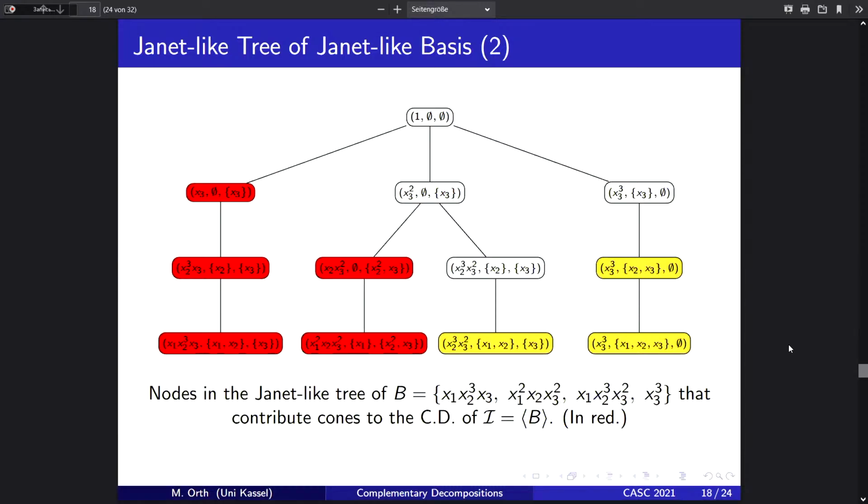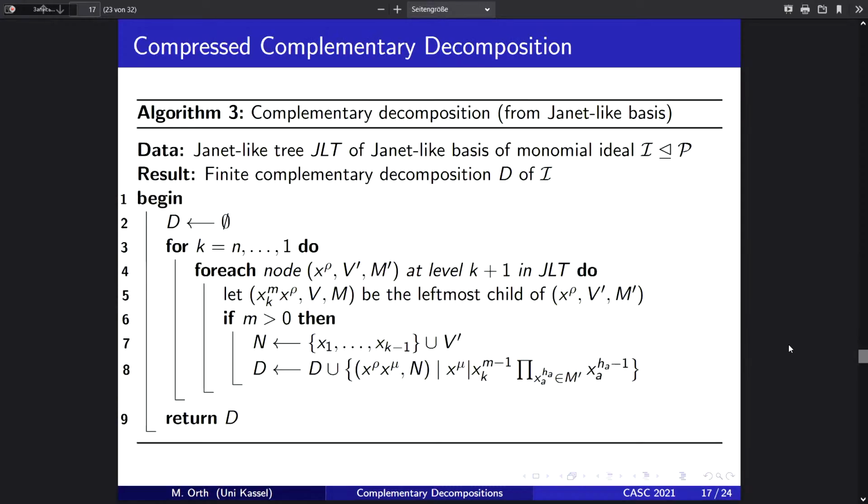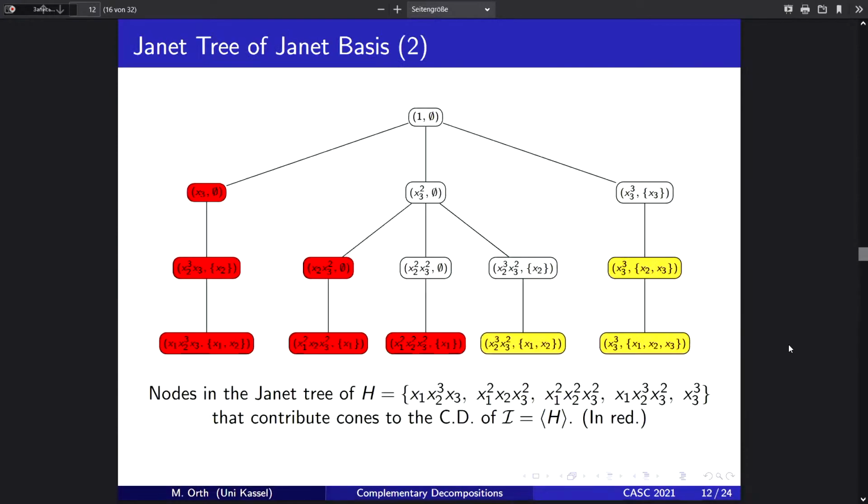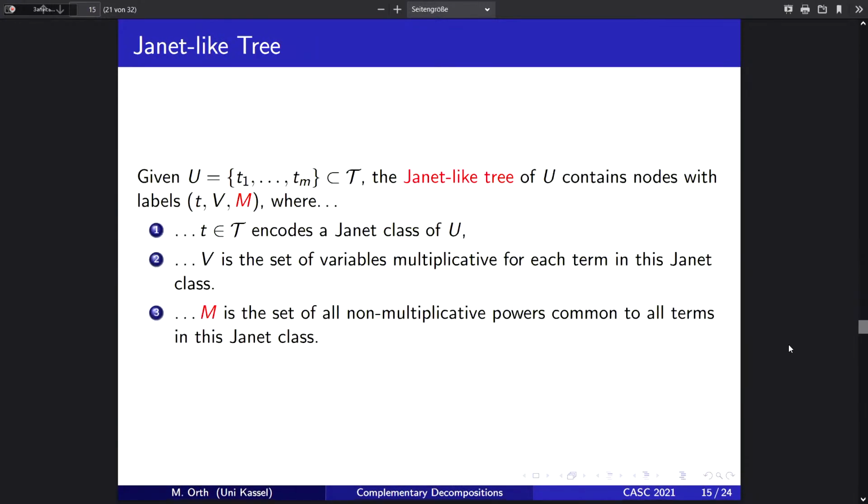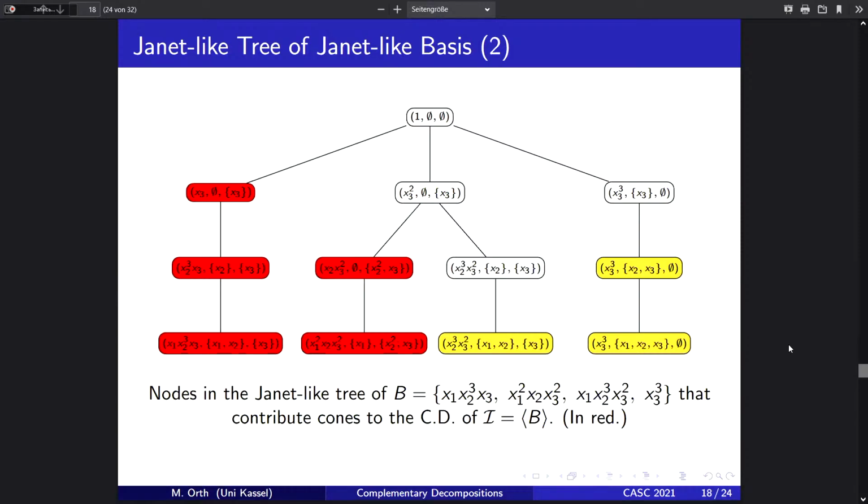And again, I have denoted in red the nodes which contribute cones to the complementary decomposition, and white and yellow stand for the same as in the last example. So we've lost, with respect to the example before, one red node, but one of these 5 nodes here contains the necessary information to, in a sense, reconstruct all information that's contained in the Janet tree.